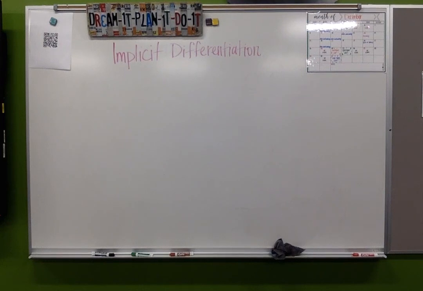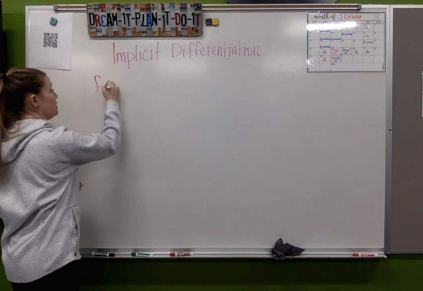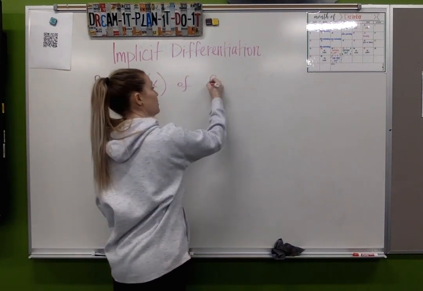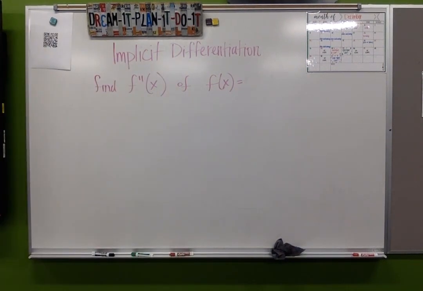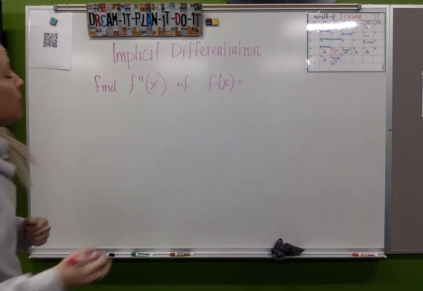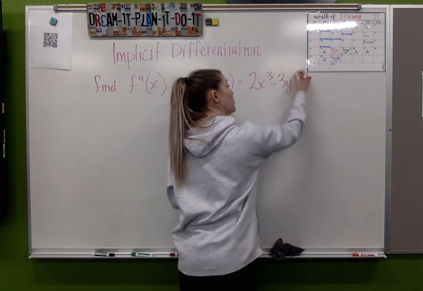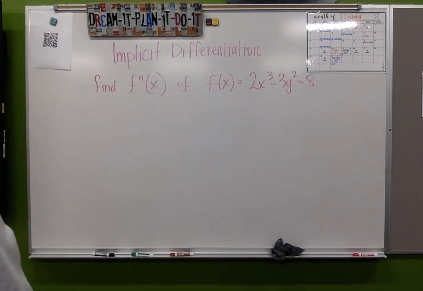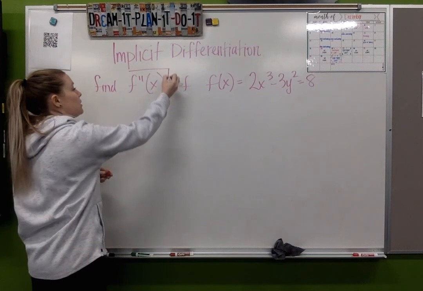So we're going to find the second derivative. So find f double prime of f of x equaling, we're going to do 2x cubed minus 3y squared equaling 8. Second derivative.